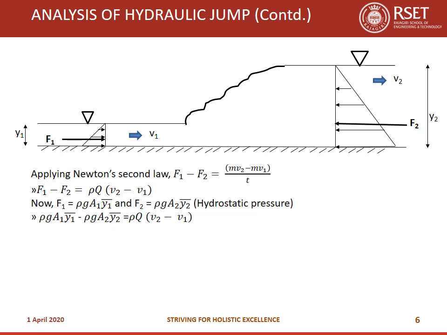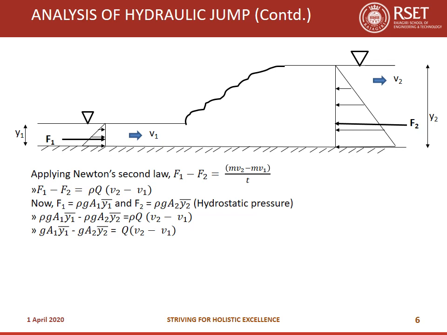Substituting for F1 and F2, I get rho g A1 Y1 bar minus rho g A2 Y2 bar equal to rho Q into (V2 minus V1). Since rho is constant throughout, I will cancel rho and get g A1 Y1 bar minus g A2 Y2 bar equal to Q into (V2 minus V1).